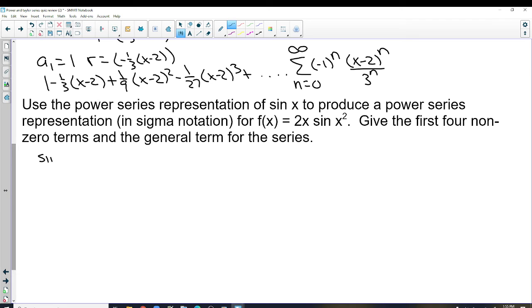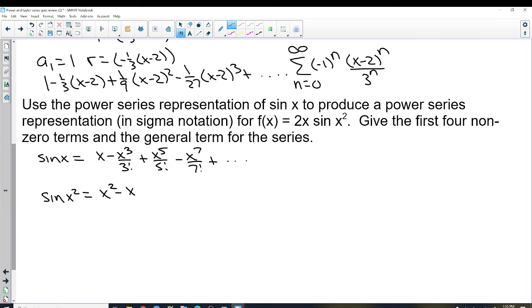Let's start with sine of x, kind of the parent function. Sine is odd, so x minus x to the 3rd over 3 factorial, x to the 5th over 5 factorial, x to the 7th over 7 factorial. Let's replace x with x squared.